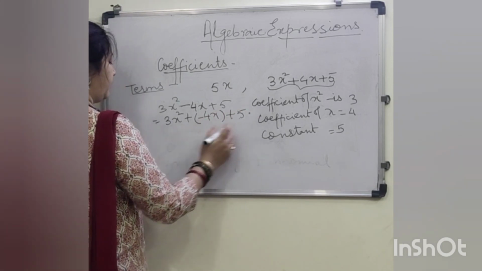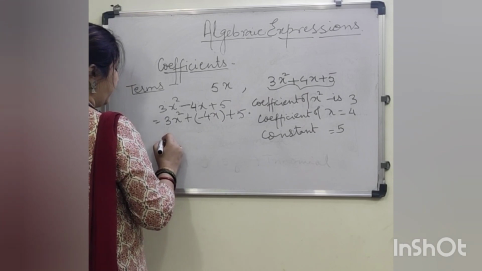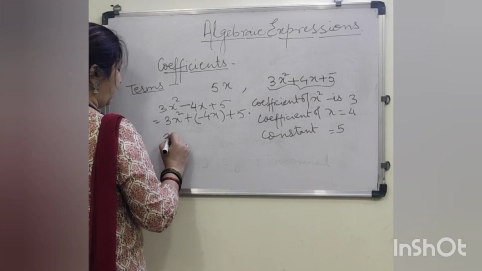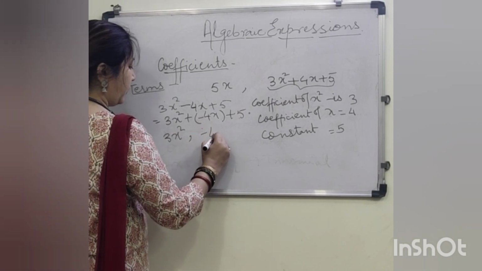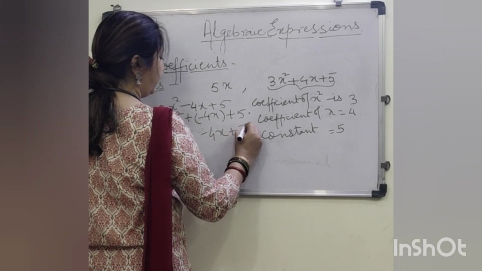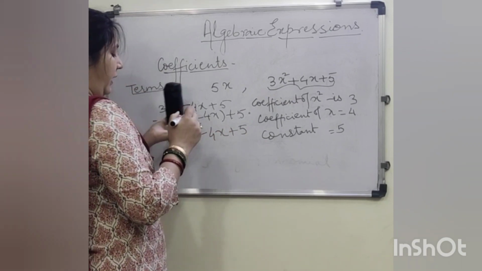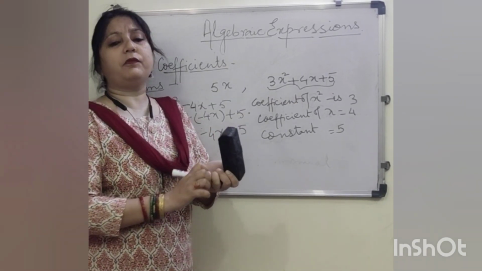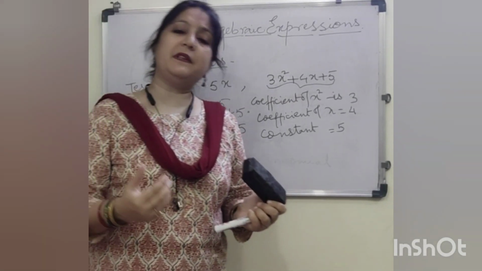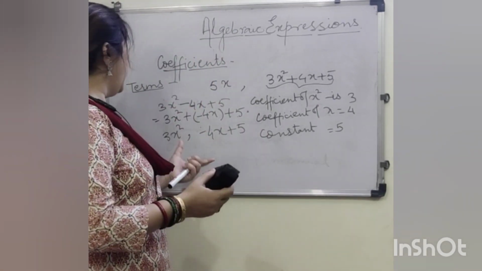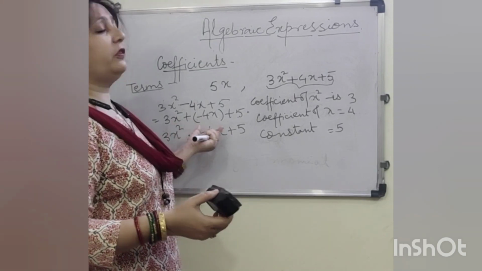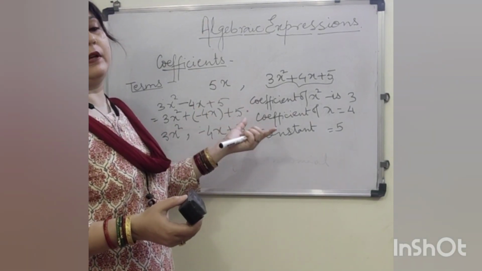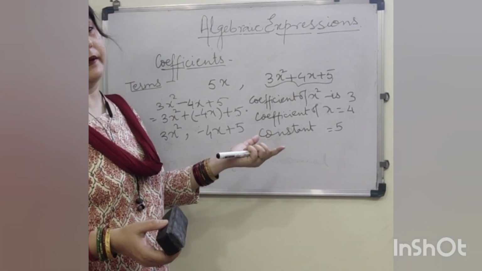Now all terms are positive. These terms are now 3x square, minus 4x, plus 5. Means if you want to write the terms of an expression, it is compulsory to write the negative terms with a positive sign and the negative sign goes inside the bracket.